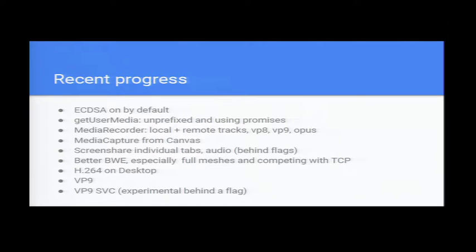And also in competition with TCP streams. So if somebody's downloading something big at the same time as using a call, the bandwidth estimator should operate better with that TCP stream.